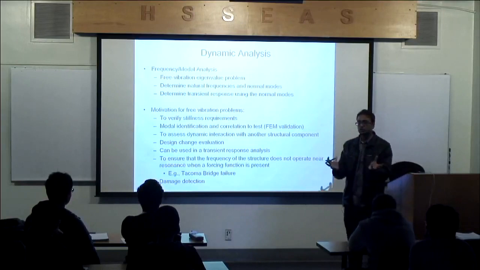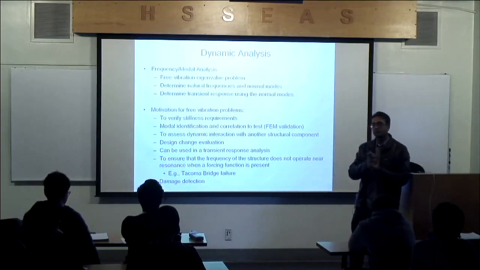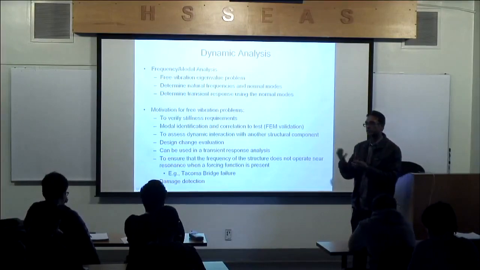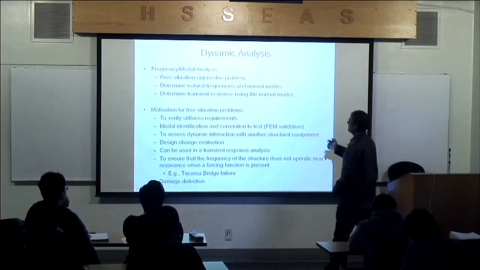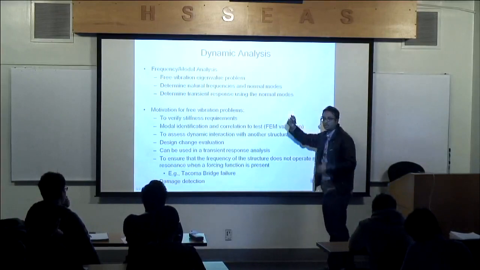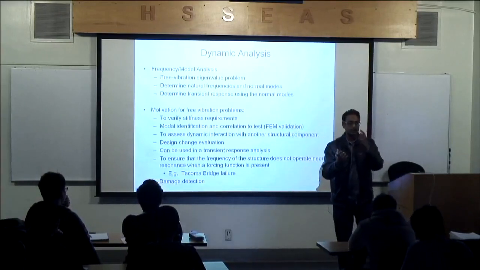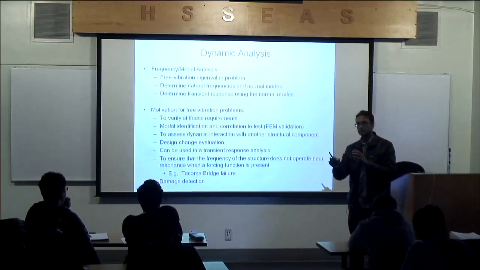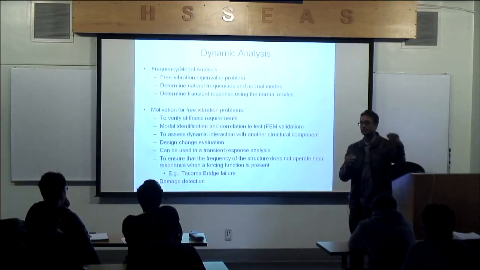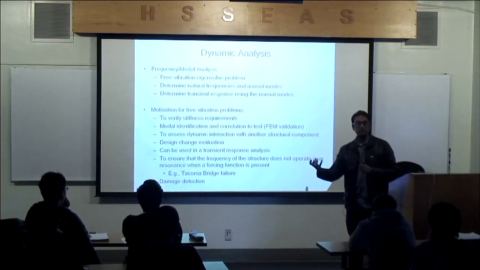So every structure has fundamental dynamic characteristics that are comprised of mode shapes and frequencies. We can then use these normal mode shapes and these natural frequencies. We can use this DNA, this information about the structure, and use it to solve a transient problem by using these modes. Okay?